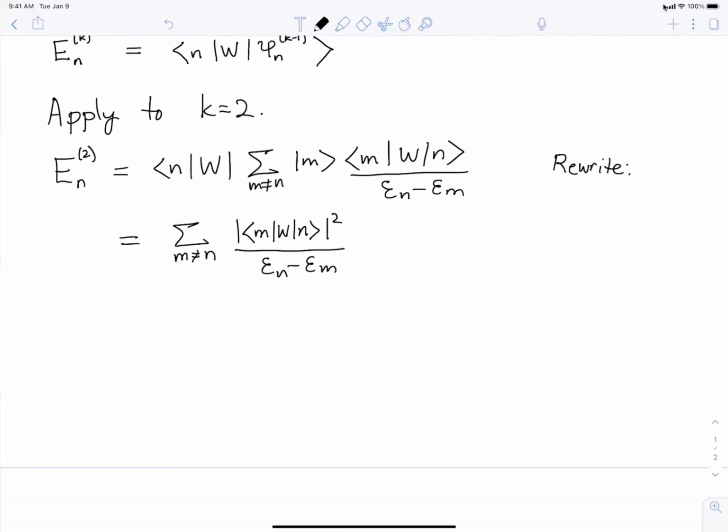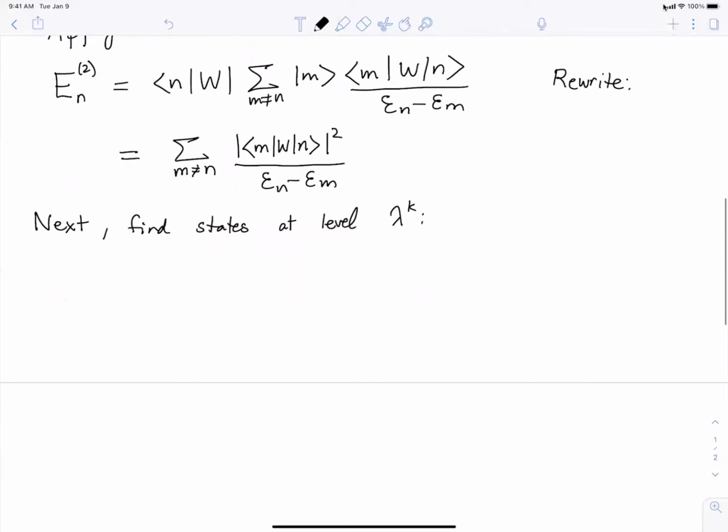And so let's go on and find the states at level k, or find the equation that would give them to us. So next, find states at level lambda to the k. And so first of all, what does that mean?